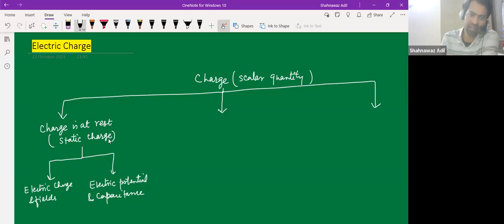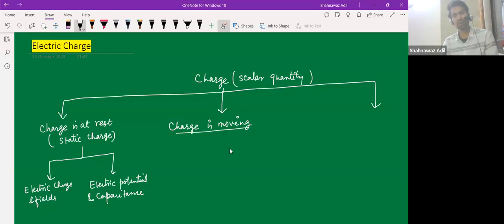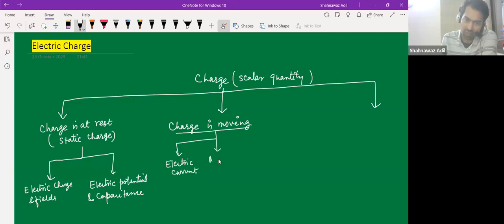And then we give some speed to the charge. Then the charges are moving but not accelerating. So if charge is moving, what are the properties associated with the charge? It will have electric current, then it will have magnetic field, right?